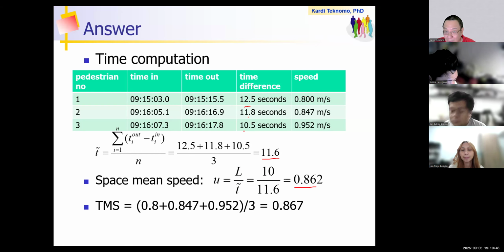So you get the speed, isn't it? That speed, if you average, will not be the same. Close but not the same. Be careful. What we use is not TMS, what we use is SMS. Is this clear or not?